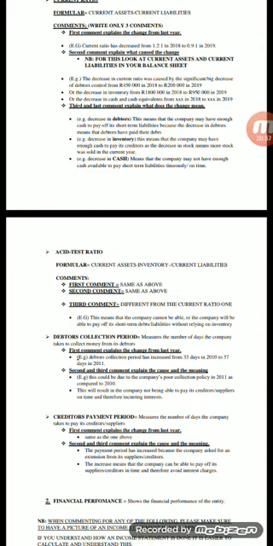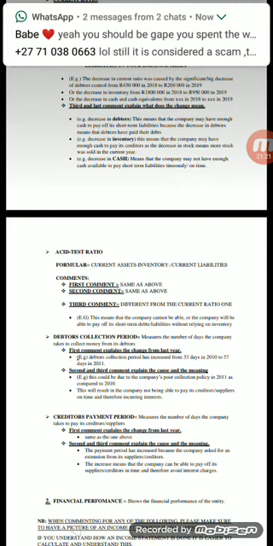This one says current assets minus inventory divide by current liabilities. Cool. This acid test ratio is simply measuring the ability of the company to pay off current liabilities without having to rely on inventory, or without selling the stock.